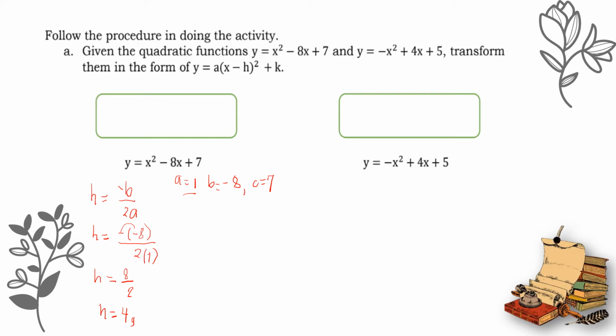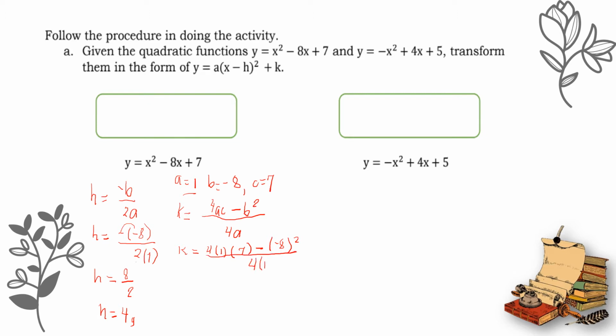How about our k value? So, in order for you to find for the k value, kailangan po natin ang ating formula, which is k is equal to 4ac minus b squared divided by 4a. And then, isa-substitute po natin. So, ang k po natin ay 4 times ang a po natin ay 1 at ang c natin ay 7 minus ang b po natin ay negative 8 squared divided by 4.